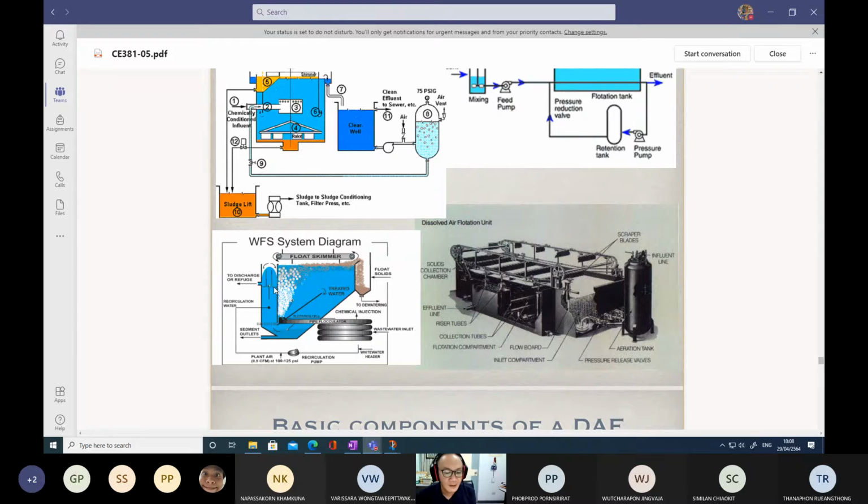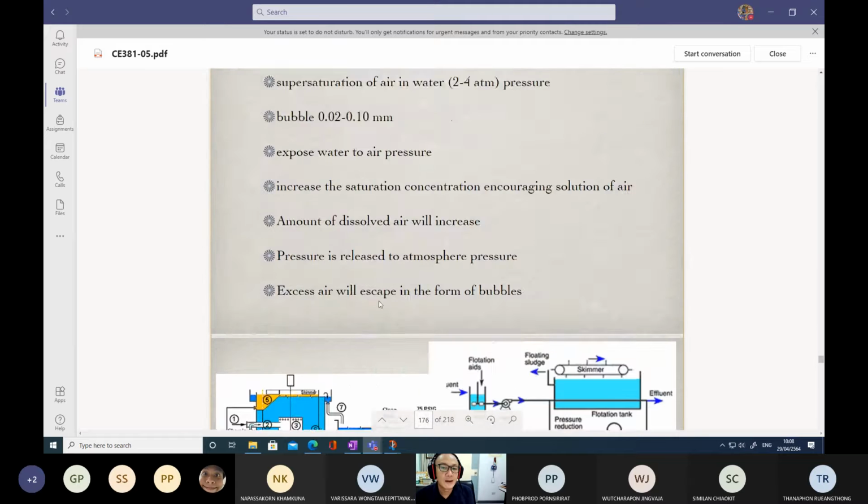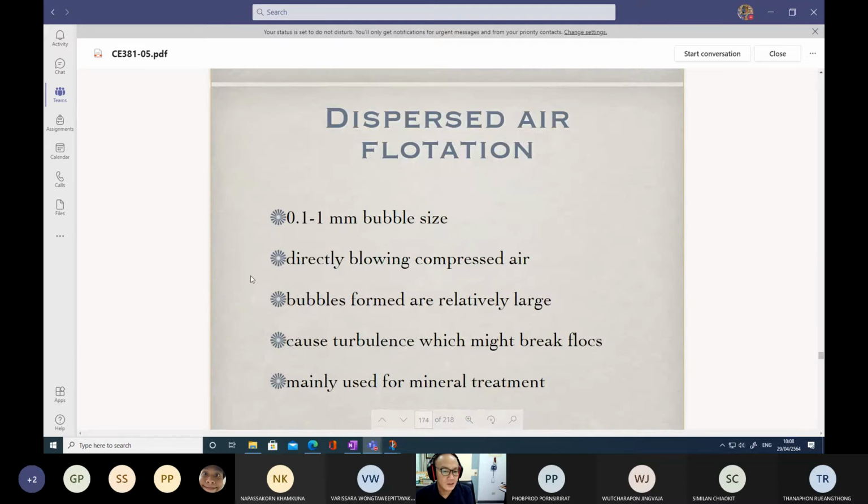But even the small ones have a bubble size of 0.1 to 1 millimeter in diameter. A 1 millimeter bubble is quite large compared to the size of the suspended solids. This might be a drawback of this process, because with dispersed air flotation, we cannot do anything about this.